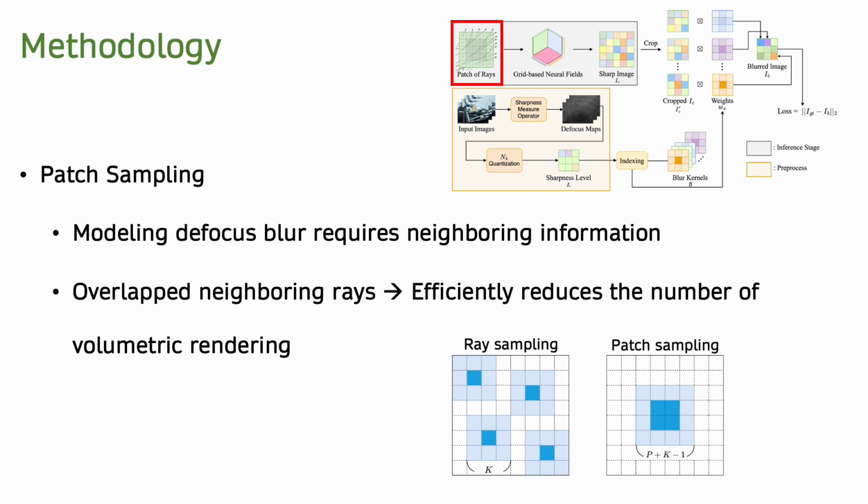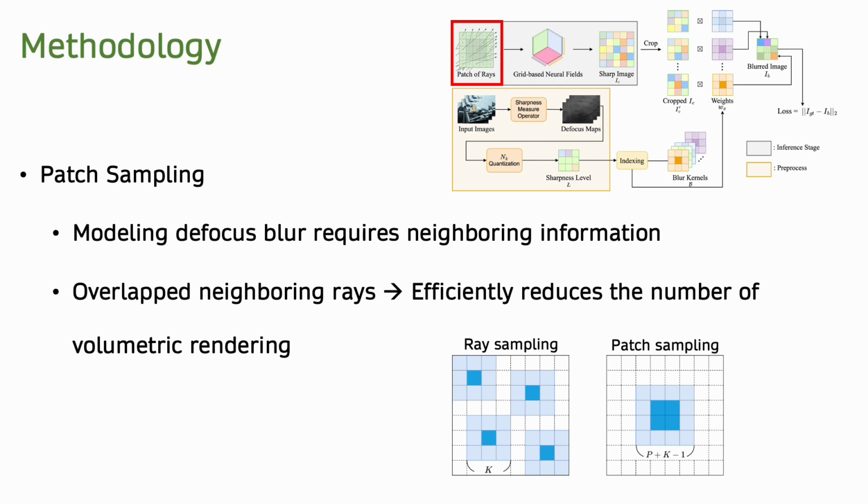Defocus blur occurs due to the interference of neighboring pixels, which happens due to the shallow depth of field of the camera. In order to model such interference of the neighboring pixels, the peripheral region of the pixel of interest must be rendered as well. As the figure shows, patch sampling can provide duplicate neighboring rays so that it can efficiently reduce the number of volumetric renderings.